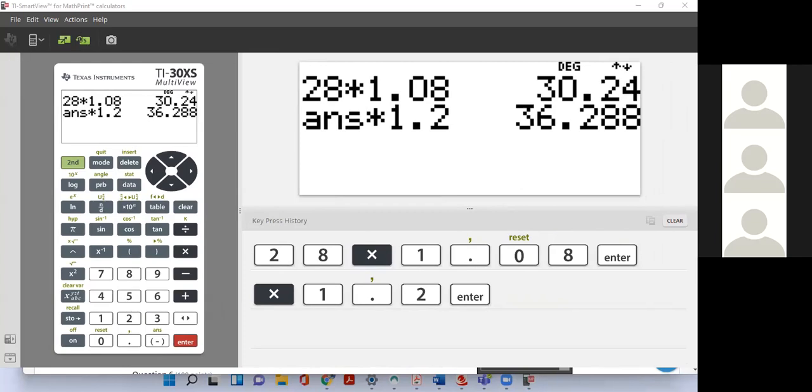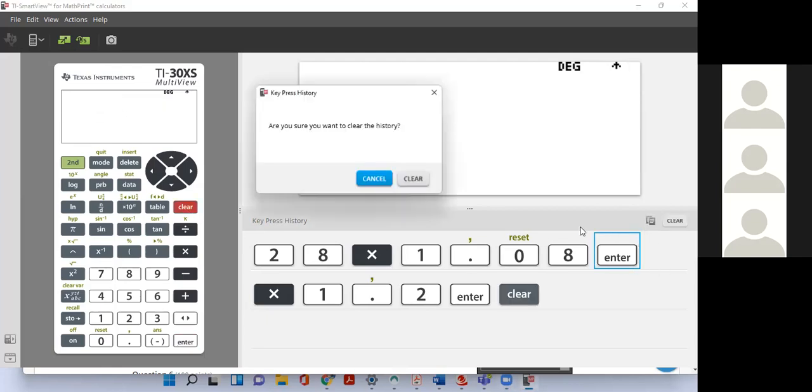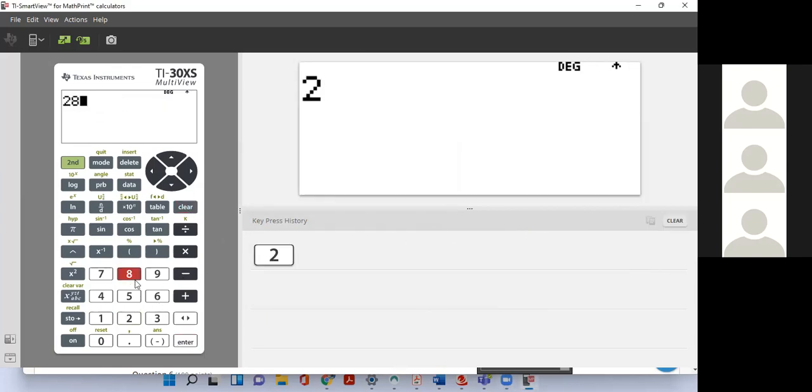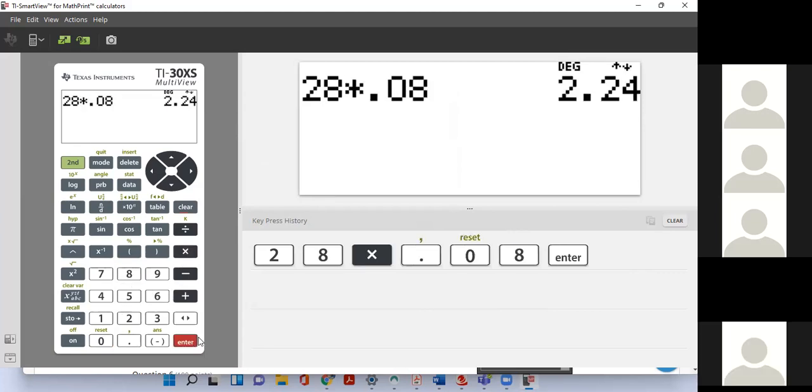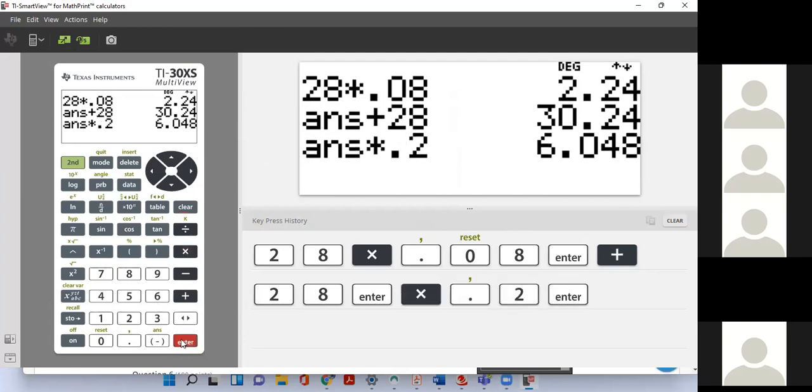So look what you said. Let me clear everything out of the calculator so we can see it. So we'll do exactly what you said. We took $28 and you multiplied it by 0.08. You got 2.24. You added that to the $28. You got 30.24. You then multiplied that times 0.2.